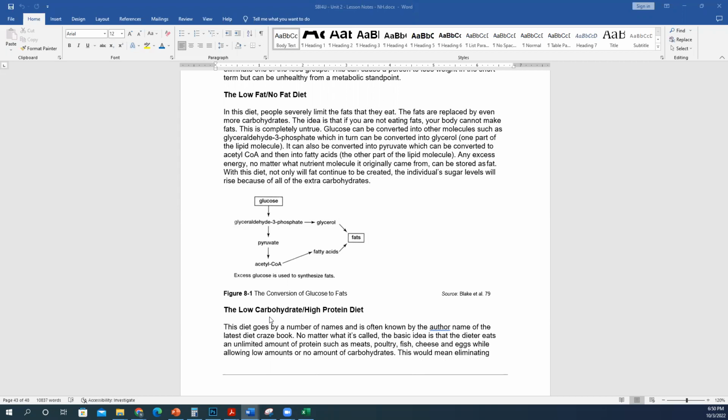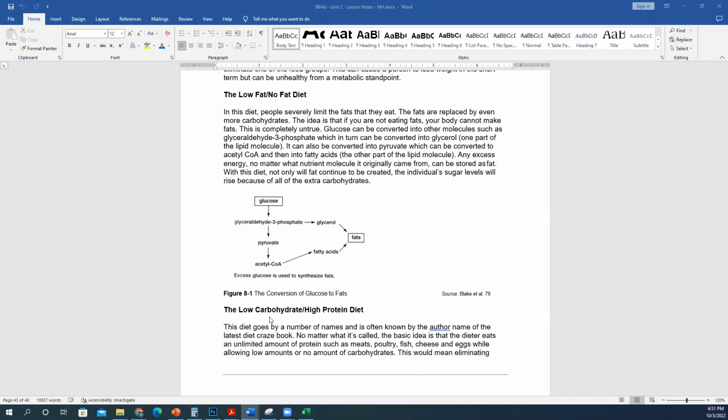So here you have all you need in order to create lipid molecules. So really, any excess energy, no matter what nutrient it originally came from, if it's more than what you need, will get stored ultimately as fat.